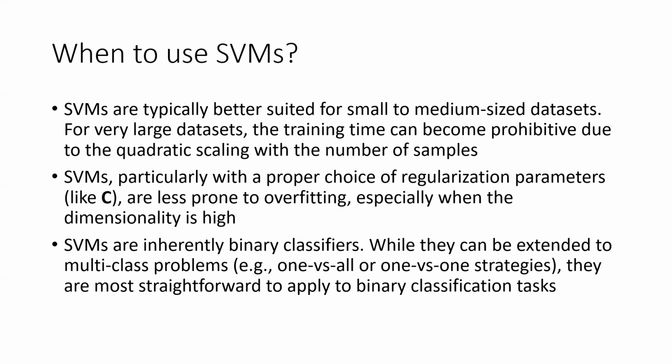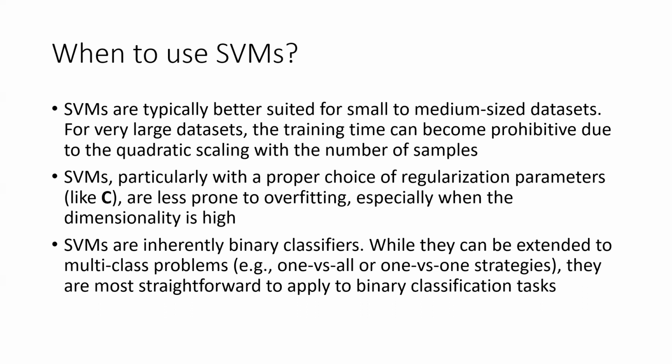Because of that, when you have a large amount of data, it is not advisable to use support vector machines. Maybe you can move to some other technique like deep learning. But when it comes to a limited amount of data, like we had in the earlier days of machine learning, support vector machines were very useful.